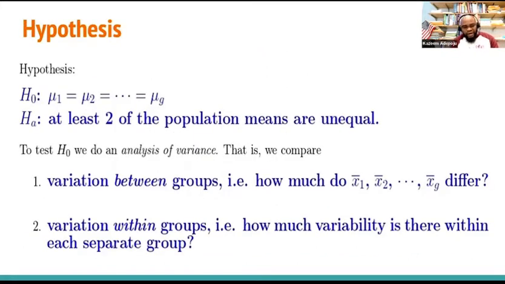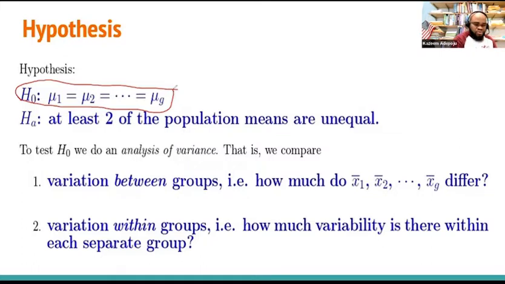Now let me tell you this. If you want to conduct a hypothesis test, the hypothesis formulation that you're going to have is what I'm showcasing now. This is going to be the H naught, where I have mu1 equals mu2 equals mu3 up to mu_G, depending on the number of groups I want to compare.